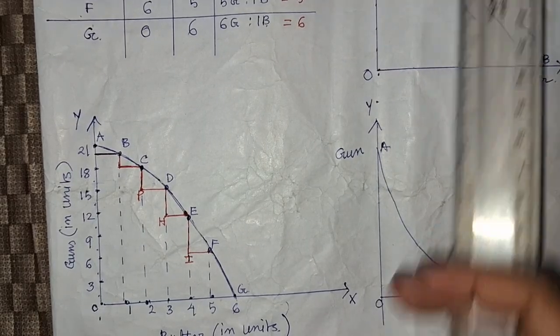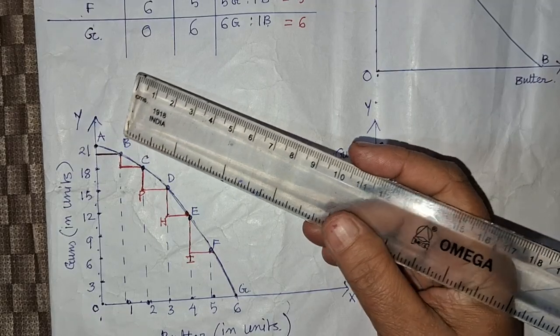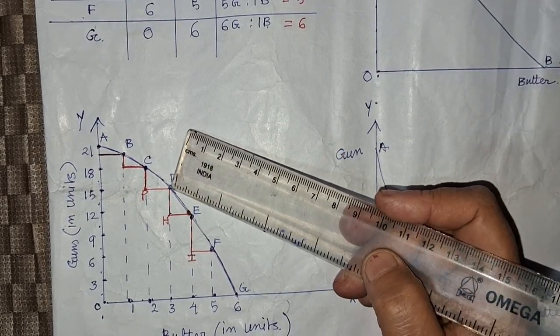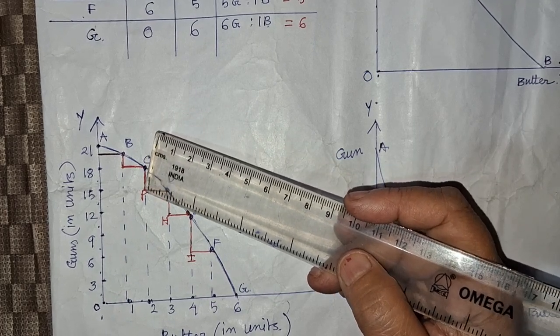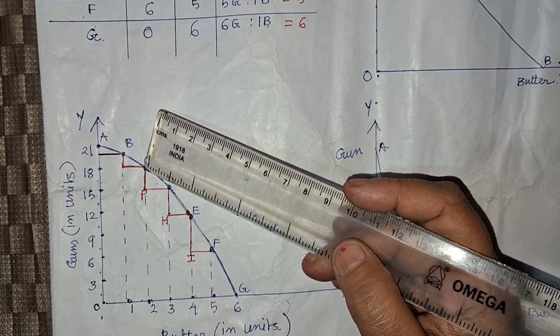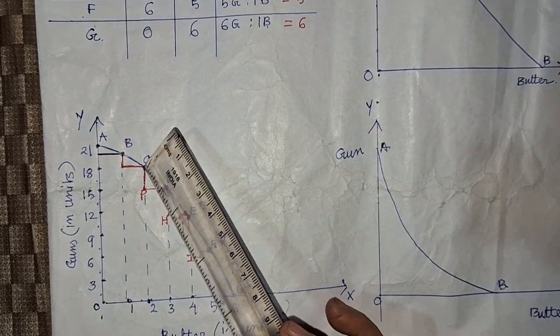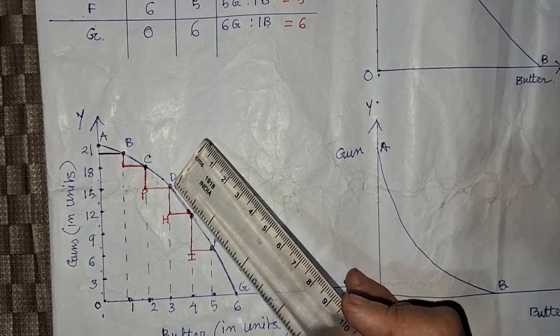MRT actually measures the slope of the PPF. Between C and D, the number of guns sacrificed is 18 minus 15, 3, and butter increased 1, that is 3/1, 3. That is CP by PD.